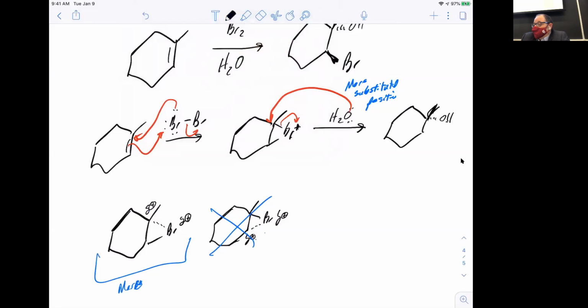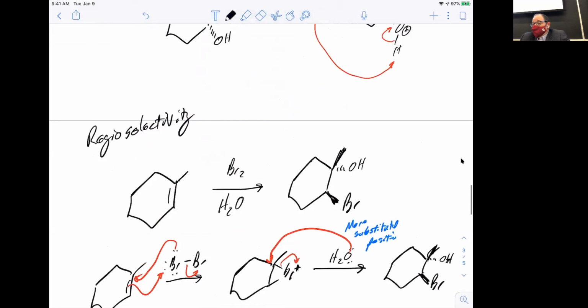Of course, we get inversion at that position. The stereochemistry is still the same, but the regioselectivity is that the OH attacks the more substituted side, or the second addition, right? The water attack occurs at the Markovnikov position. Okay.